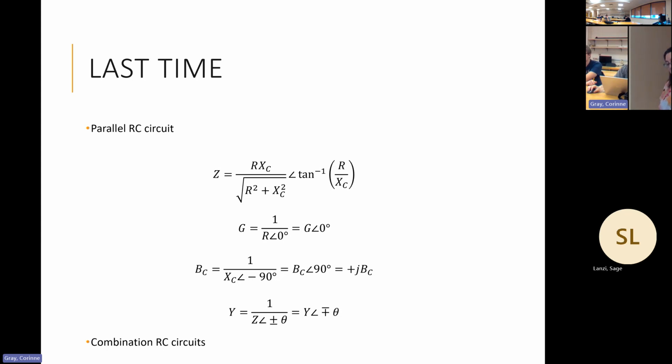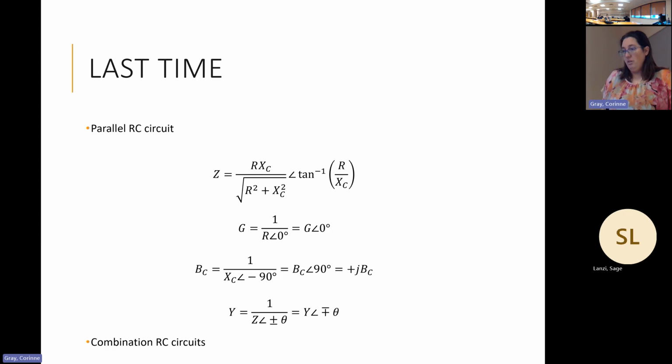We have BC, which we'll see as BL on Thursday, the flipped over value of reactance for the capacitor. And then we had Y, the admittance, being the inverse of our Z value.